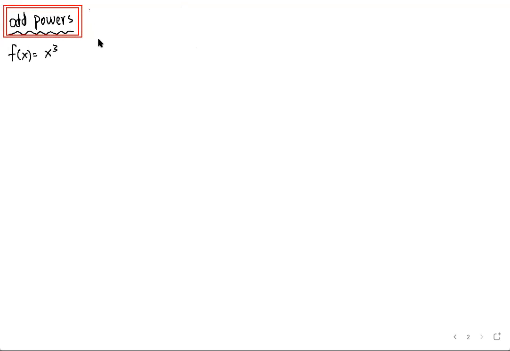So we know the graph for this function. The graph looks like this: at 0 it goes up on one side, and here it goes down. And this is my x-axis here, and the y-axis.